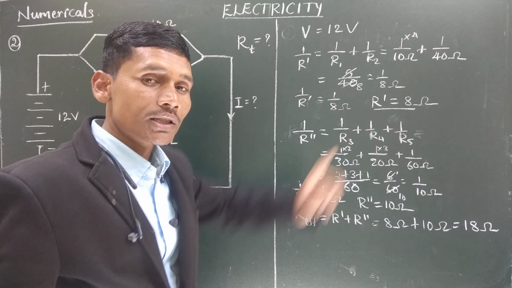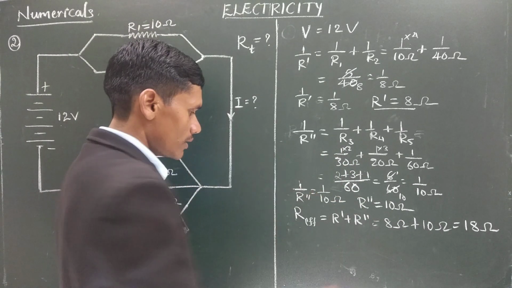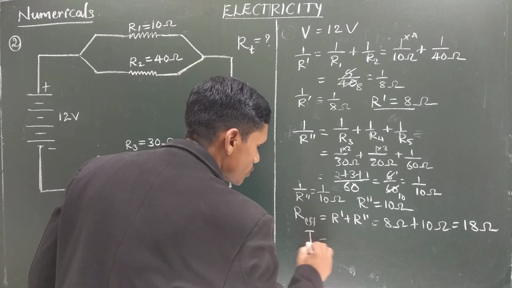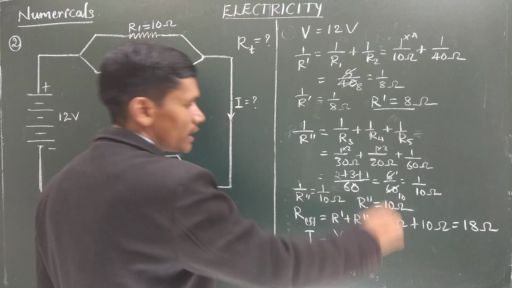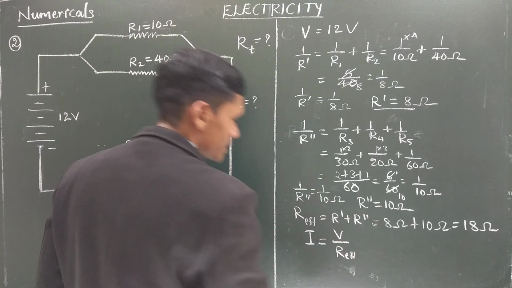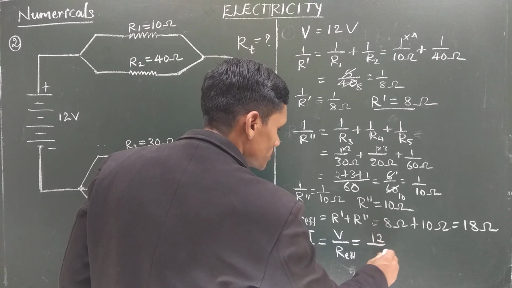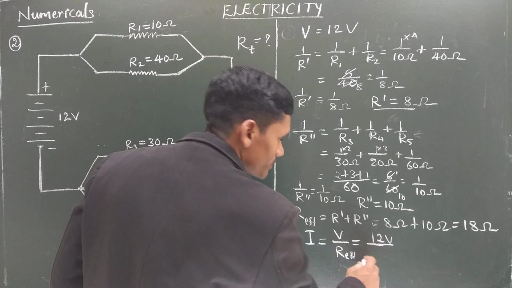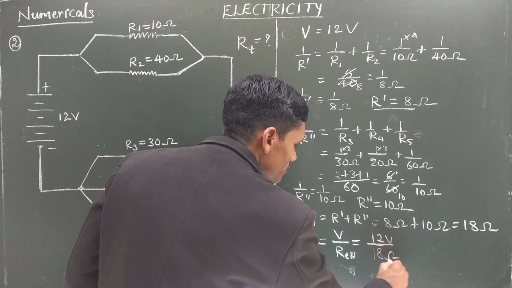And total potential difference is 12 volt. Then by applying Ohm's law, we can calculate the current easily now. That is, current I is equal to total potential difference divided by effective resistance. Potential difference is 12 volt, and effective resistance is 18 ohm, right?